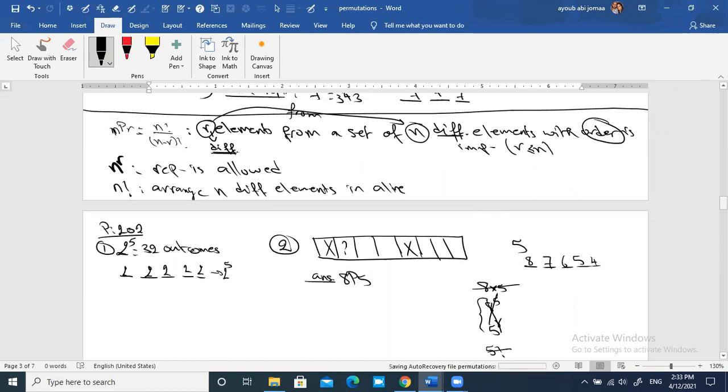So 8 factorial over 8 minus 5 factorial, which is 8 factorial over 3 factorial, which is 4 times 5 times 6 times 7 times 8. Of course, use the calculator to get the answer. 8P5, the answer is 6720.